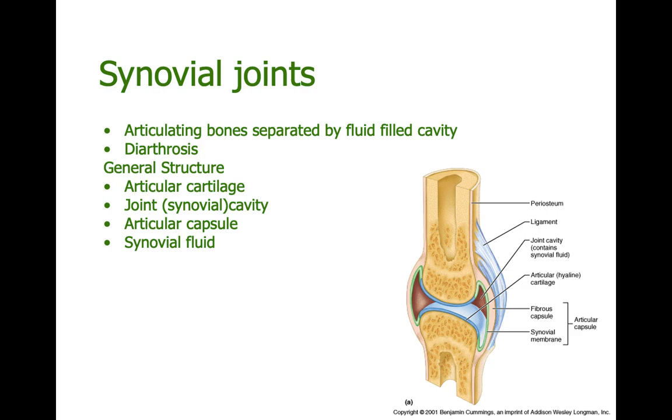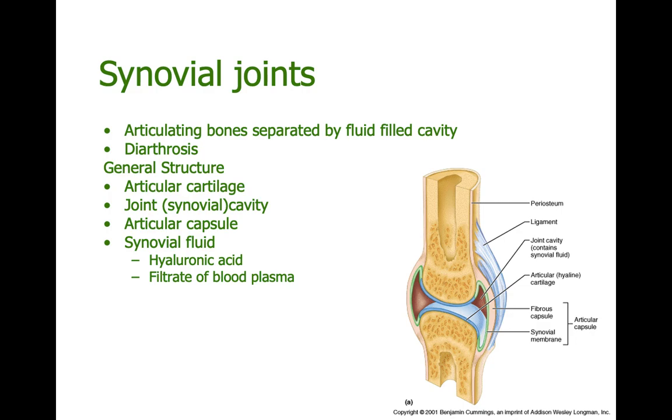The synovial fluid is the fluid that will fill our joint cavity or our synovial cavity. It's made of hyaluronic acid, which we talked about, that thick viscous fluid that's going to be produced by the synovial membrane. And sometimes, most times, it's a little too thick, so we're going to thin it with a filtrate of blood plasma.